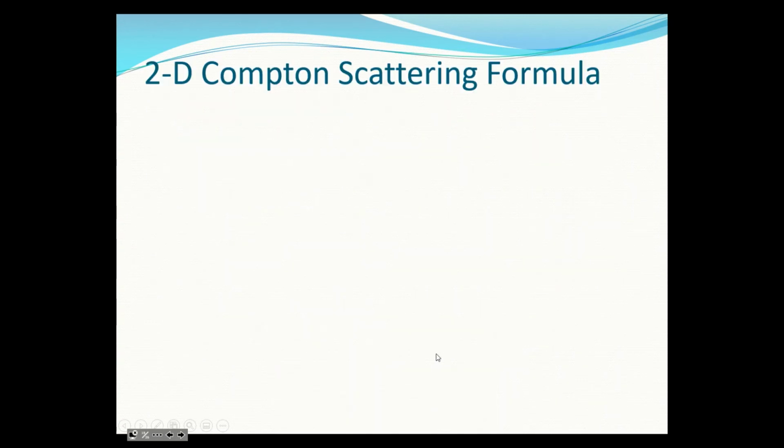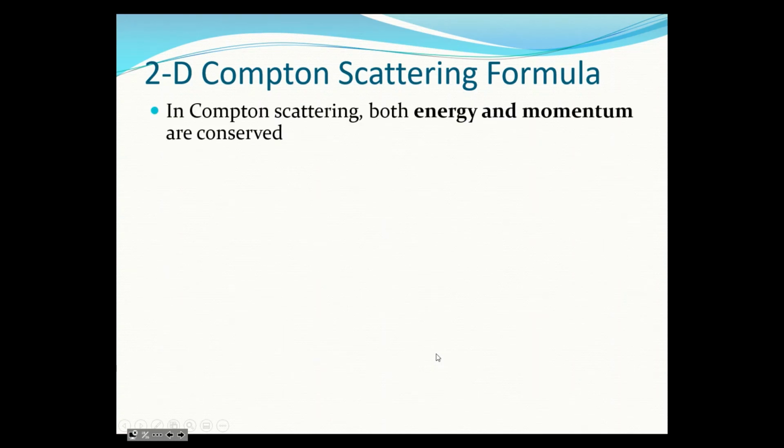Okay, so when doing Compton scattering questions, an X-ray hitting an electron, we see both energy and momentum conserved. So when we did momentum in our first unit, we talked about elastic and inelastic collisions. When we were doing stuff in our first unit, it was like trains hitting cars and all that stuff.